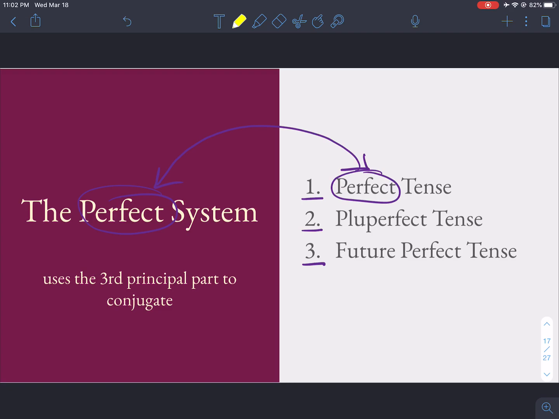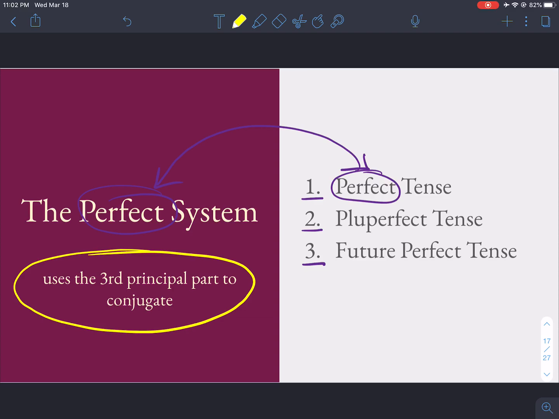The perfect system differs because it uses the third principal part to conjugate. Remember at the beginning of the year when I was screeching at you all to memorize your verb principal parts? Now you're going to see why it was that important. If you've been memorizing your principal parts up to this point, you will have saved yourself a ton of work, and you'll see why.